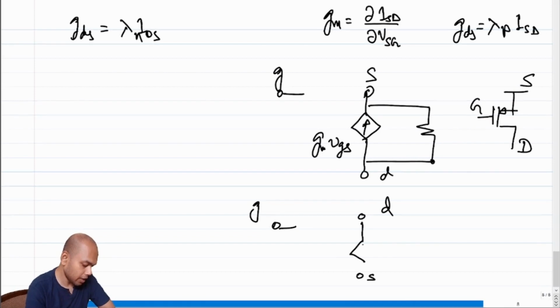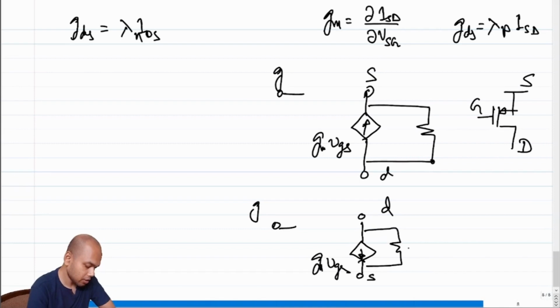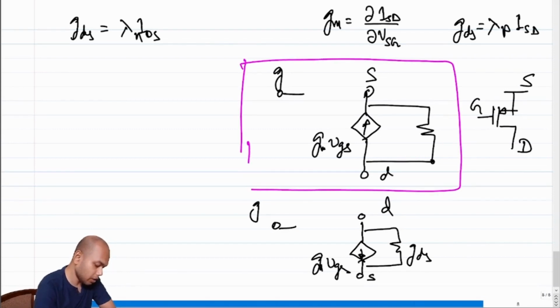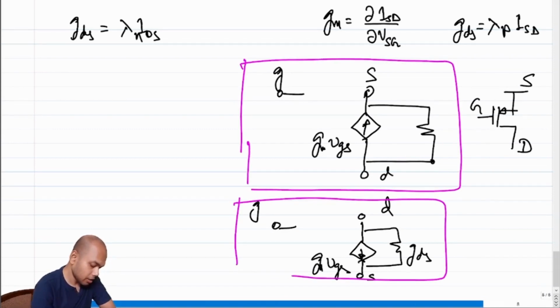We can still do that, because the incremental current is still flowing from drain to source. We keep it as gmvgs, and this becomes gds. So these two models are also identical, right? There is absolutely no change between this model and this model. And the model in the bottom is exactly similar to the model of an NMOS transistor, right?